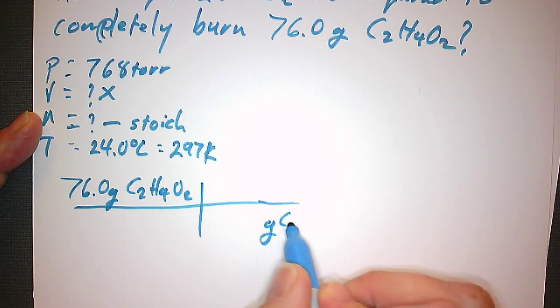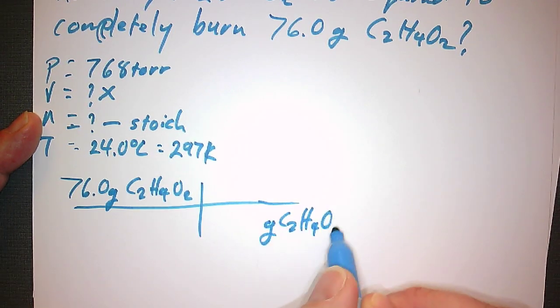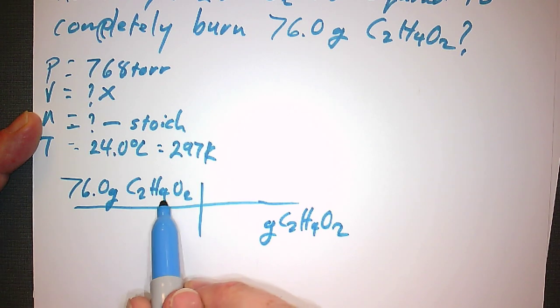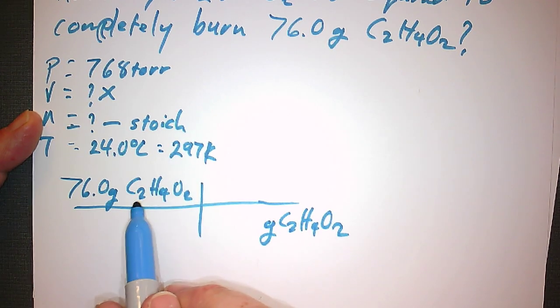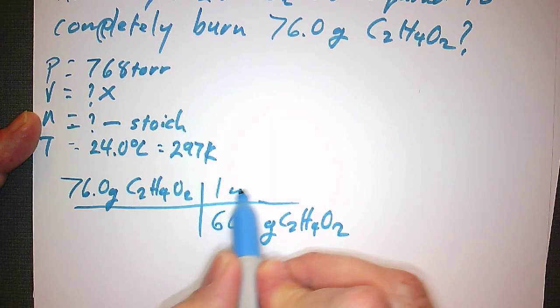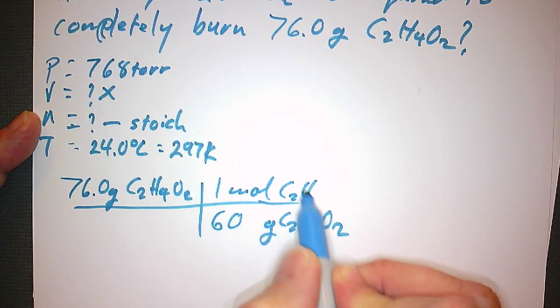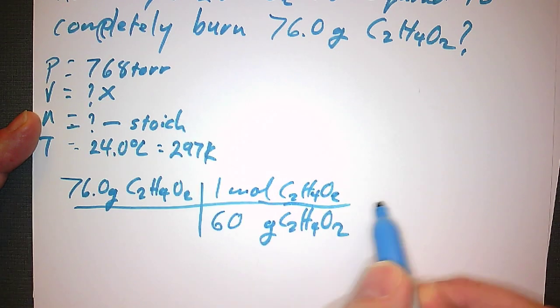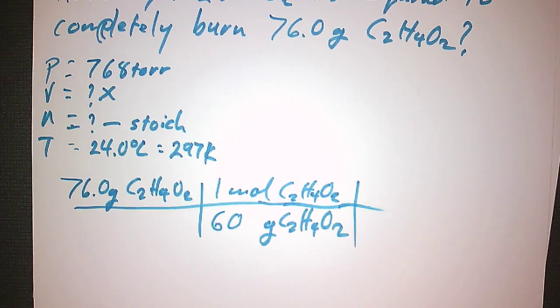Bottom. And we're going to do the rough one. So we got 32 plus 4 is 36 plus 24 is 60. So we're going to say 60 grams per 1 mole C2H4O2.